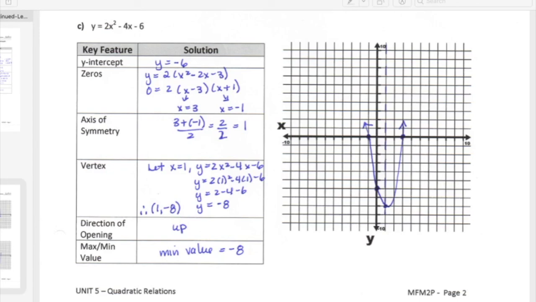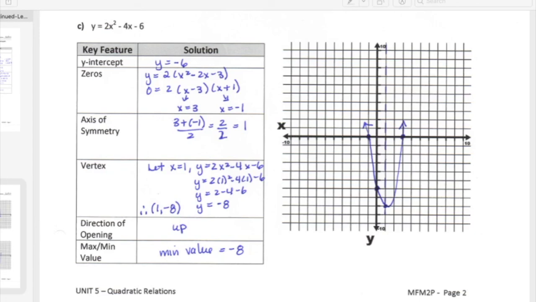Our zeros we have to factor, so pull out the greatest common factor, which in this case is a 2. So my leftovers here are x squared minus 2x minus 3. So then I have to factor what I have left. Two numbers that multiply to give me negative 3 and add to give me negative 2.